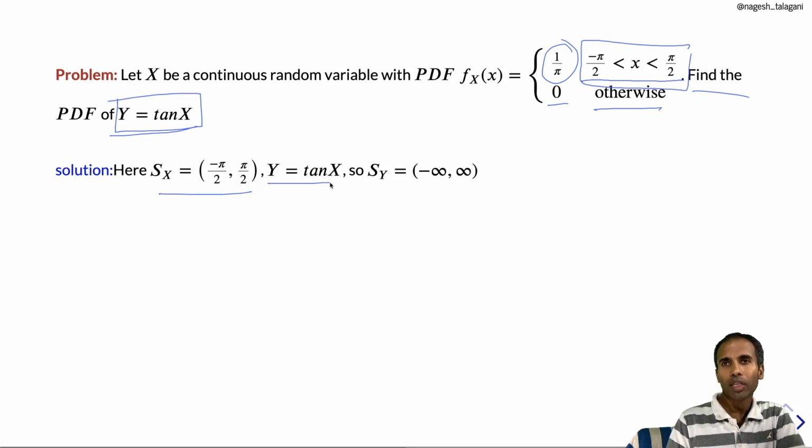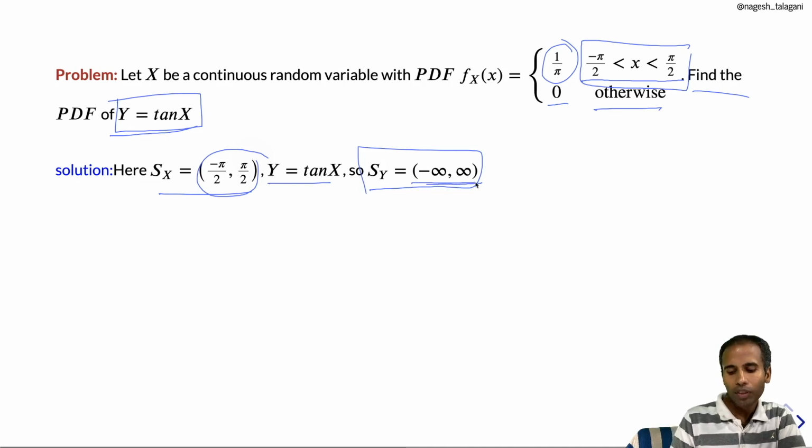The transformation is Y equal to tan X. So immediately we can see that the support of Y will be the interval minus infinity to infinity, because as x varies from minus pi by 2 to pi by 2, tan x takes the values from minus infinity to infinity.